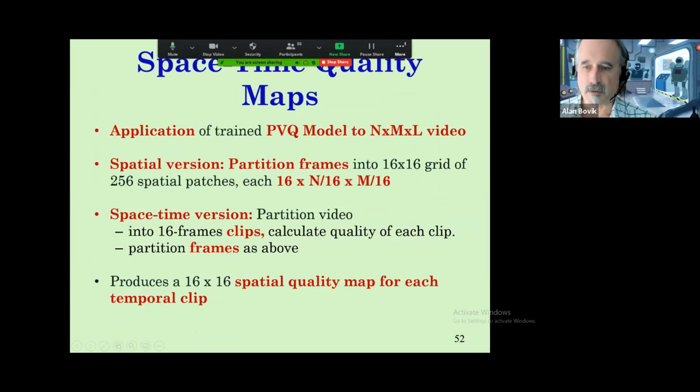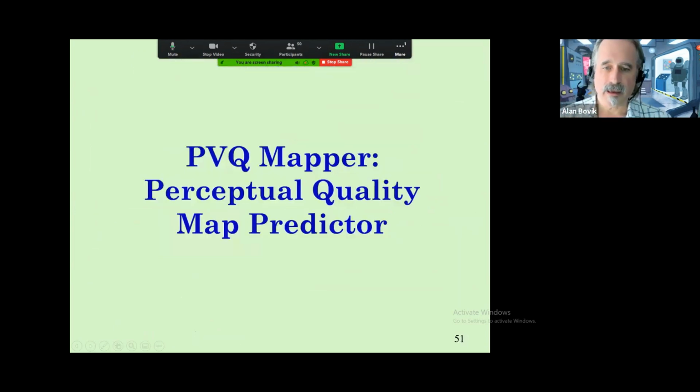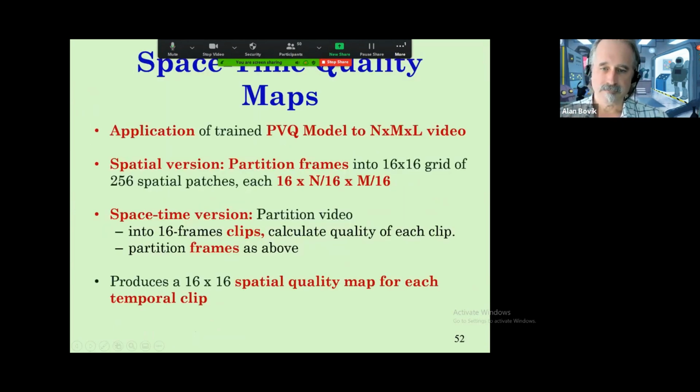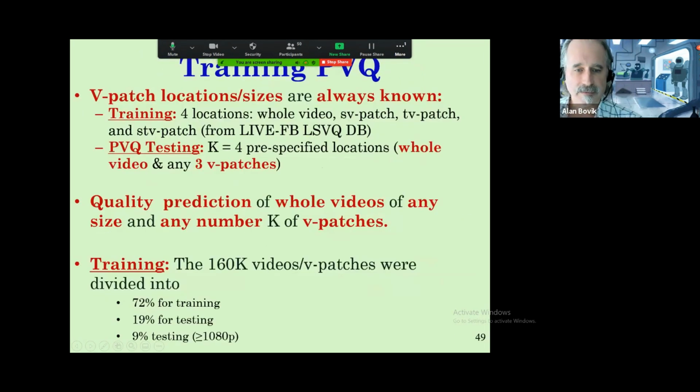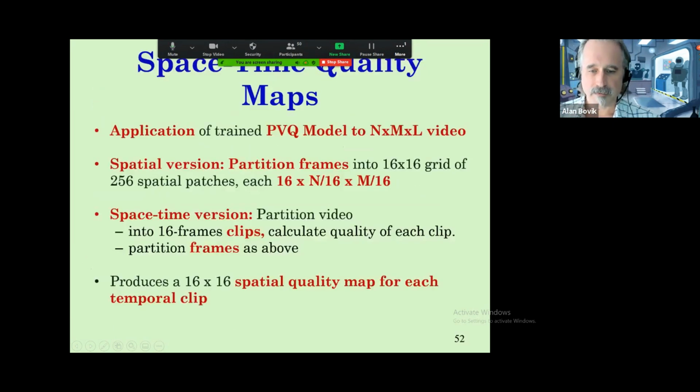These are arbitrary numbers just to show the principle of this new idea. And then we also break each video into clips of length 16 frames. And so we just apply this model, but with K being 256 times the number of clips, and we're able to produce spatial quality maps.